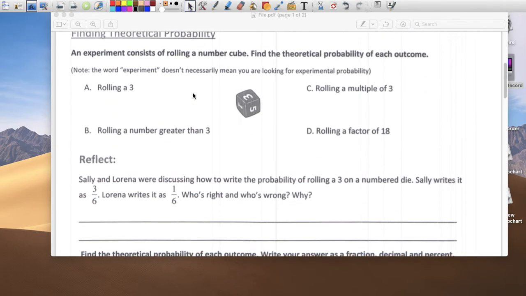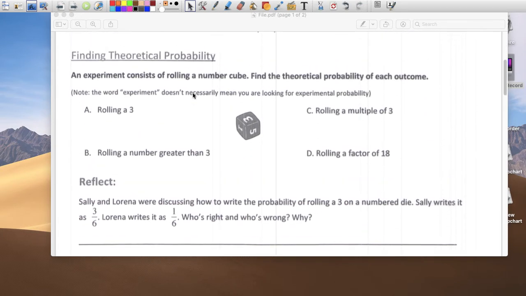Finding the theoretical probability, in theory, doesn't mean it's going to happen. We're just looking at the die, and what's the probability of rolling a 3? There are 6 sides to a die, and there's only one 3, so it's 1 out of 6.